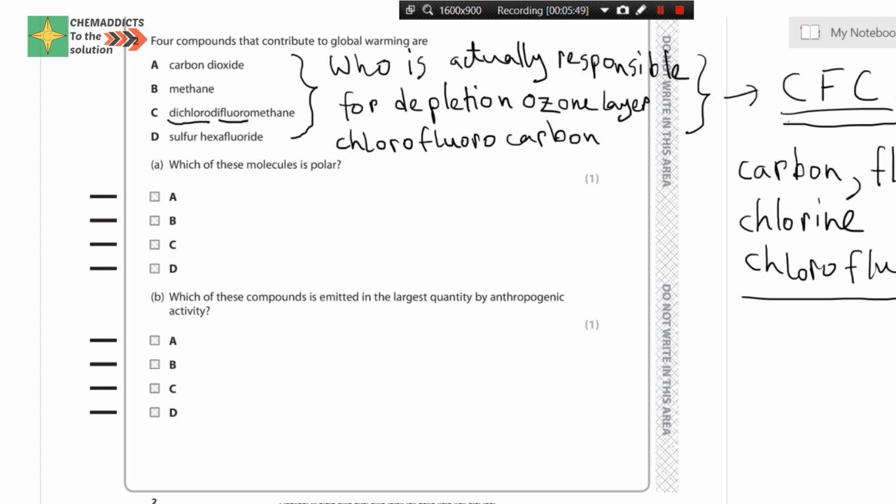The last part of this name is methane, so obviously it contains carbon. Since it has chlorine, fluorine and carbon at the same time, it should be in the group of CFC. So this is how the name of the member appears.